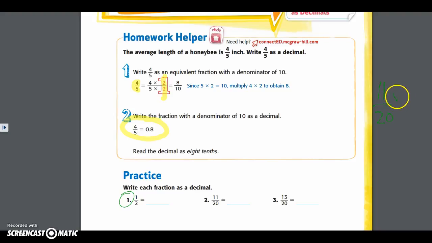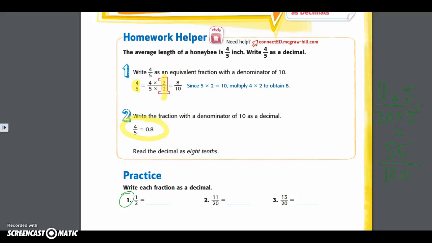So I'm going to multiply 11 times 5 and 20 times 5 because 5/5 is equal to 1, and because of the identity property, I should have an equivalent fraction. Well, 11 times 5 gives me 55, and 20 times 5 equals 100.